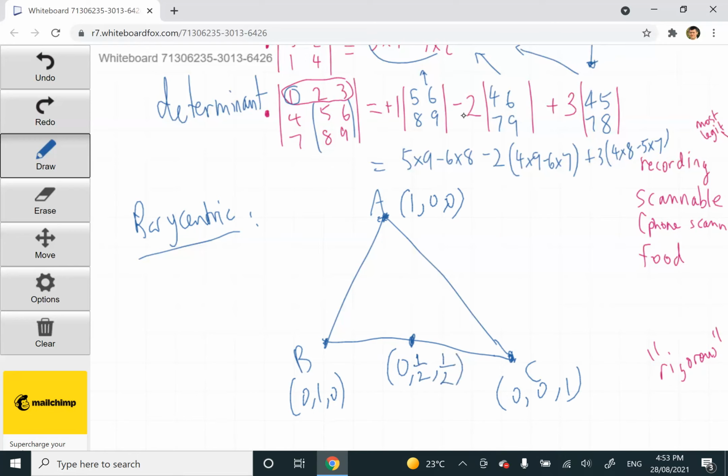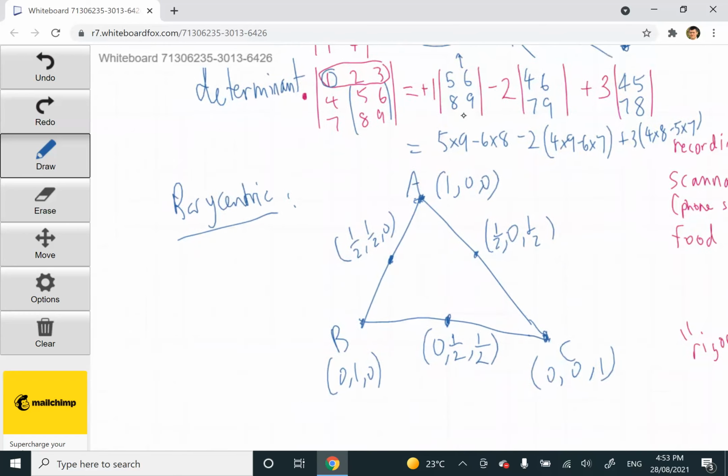So instead of having 0, 1, 1, we have 0, half, half. Okay. And if you want to put the other midpoints on it, you can. So this will be half, half, 0, half, 0, half.